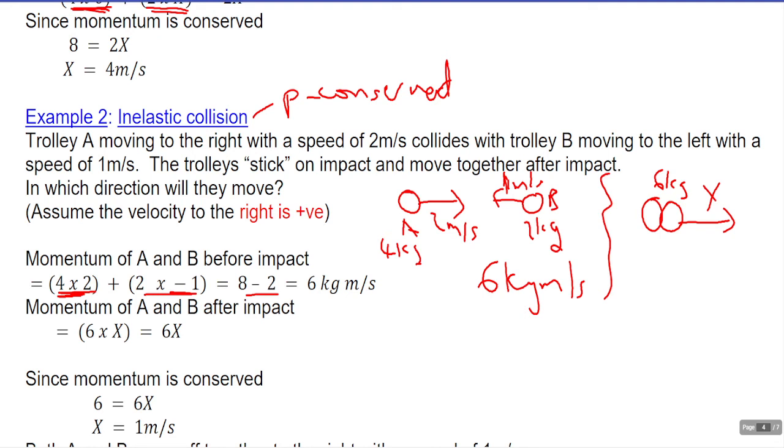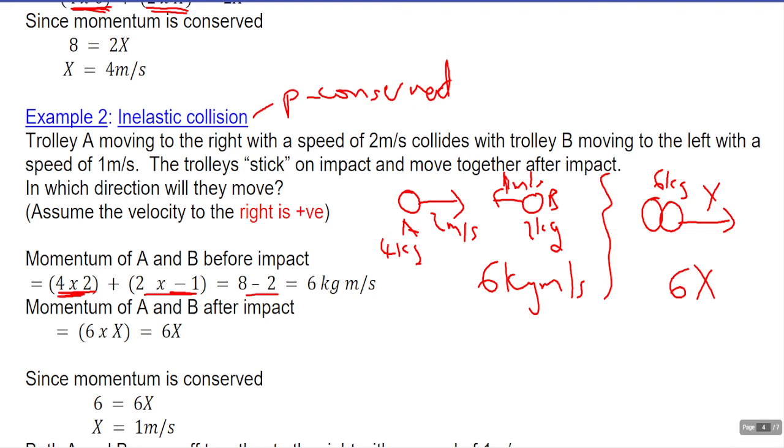If your answer comes out as a negative, it means the direction you've assumed is not the correct direction, so it will show you by a negative. So the total momentum after collision is going to be 6x. That's the combined mass times the common velocity.